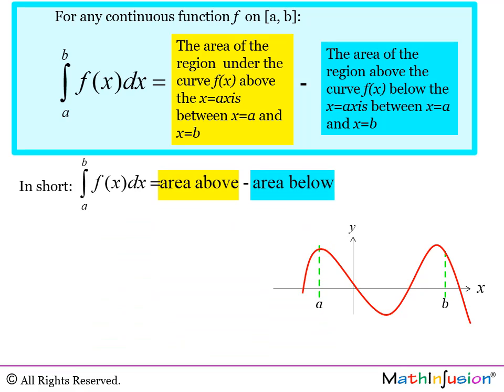In short, we will say that the definite integral of f(x) dx between a and b is the area above, which means above the x-axis and under the curve, minus the area below. Below means below the x-axis and above the curve.